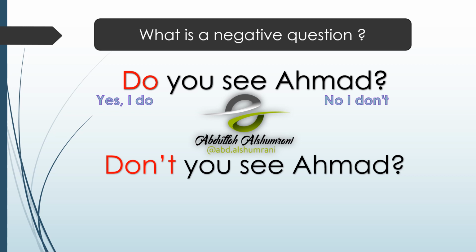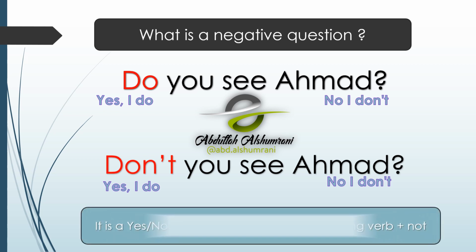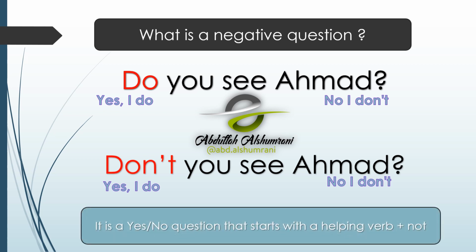The first one is in the positive form, while the other one is in the negative form. But their answers are still the same. Yes, I do, and no, I don't. So this means that when we have a yes-no question, and that yes-no question starts with a helping verb plus not, this means that this is a negative question.